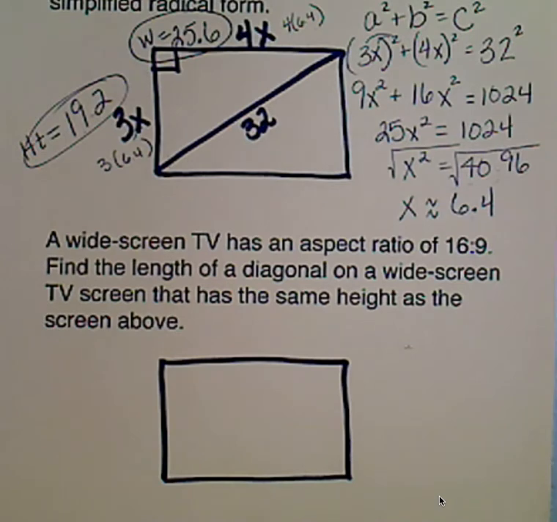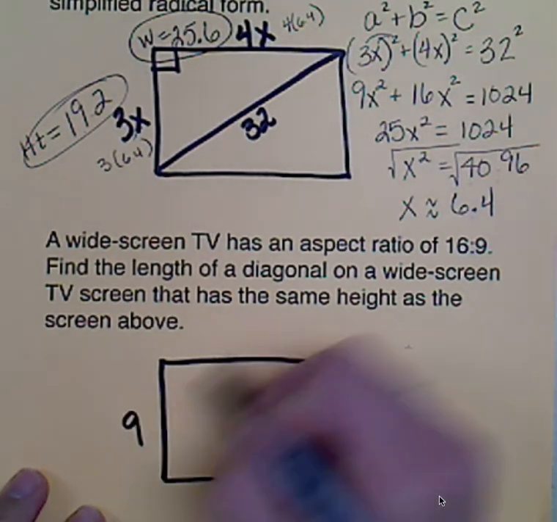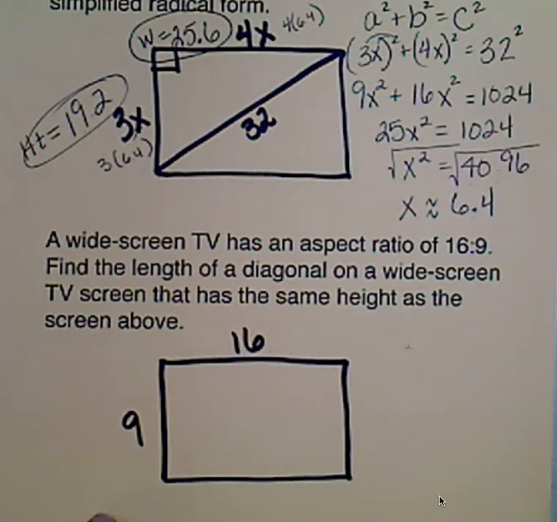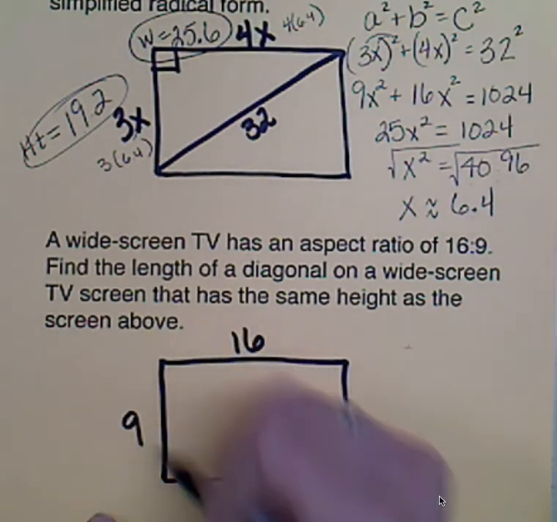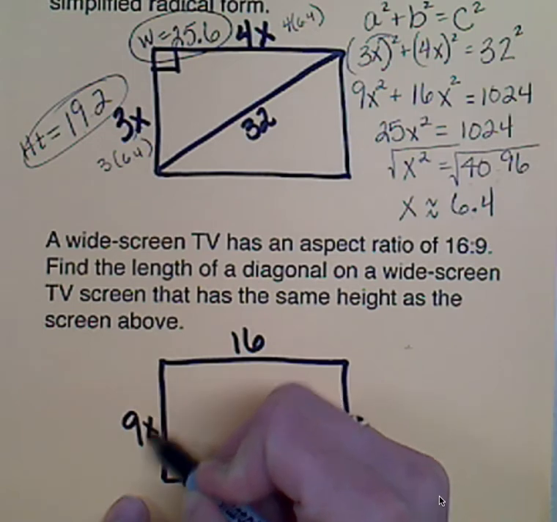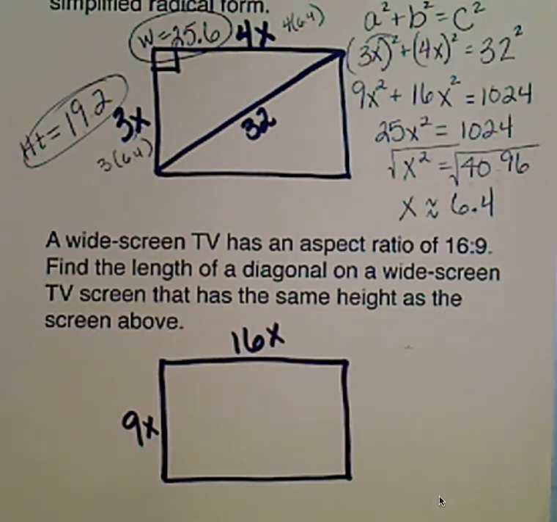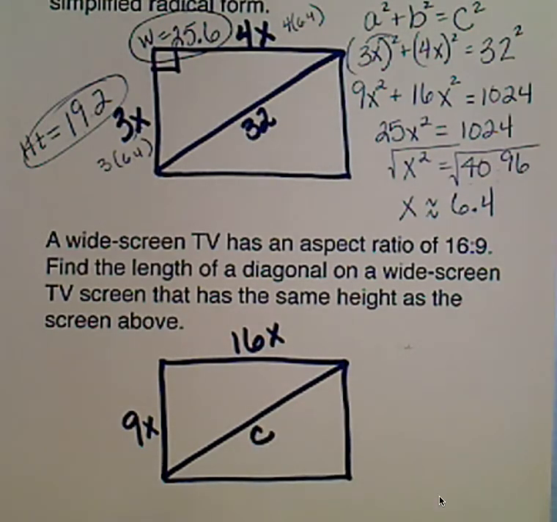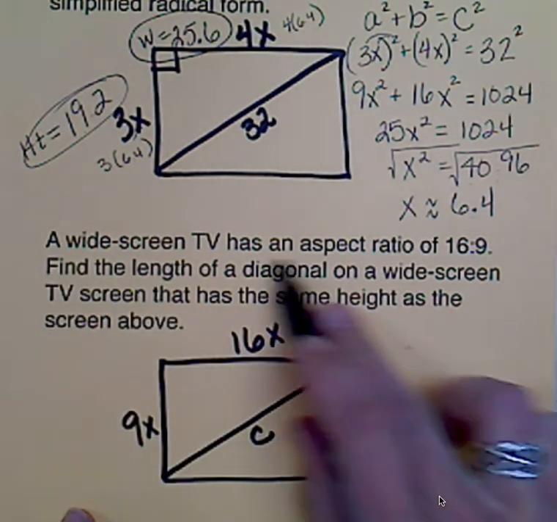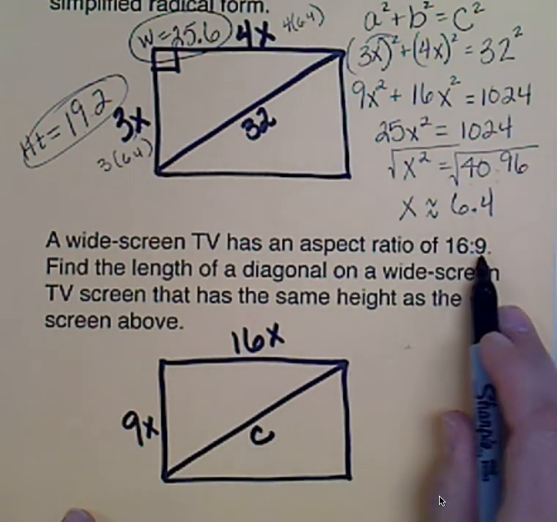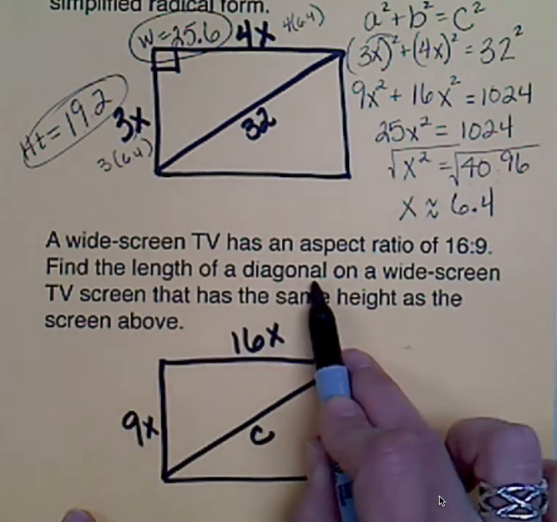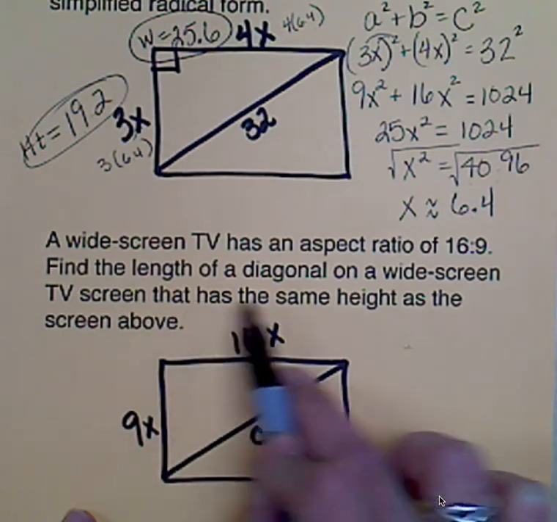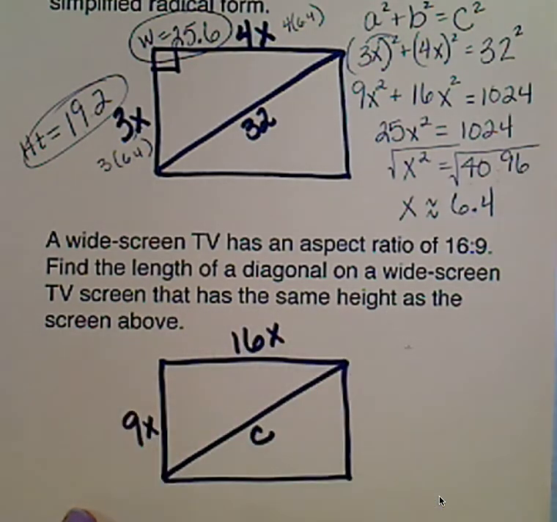And we know that this is a 16:9 ratio. But again, we have our x that's going to be involved, and we want to figure out what this guy is. So we want to figure out what C is. So the widescreen TV has an aspect ratio of 16:9. Find the length of the diagonal on the widescreen TV that has the same height as the screen above.